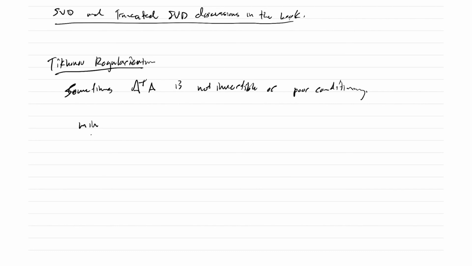For instance, you can take a look at the minimum of, say, the norm of Ax minus p squared, and then add on this regularization term.